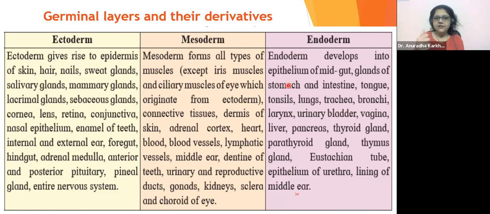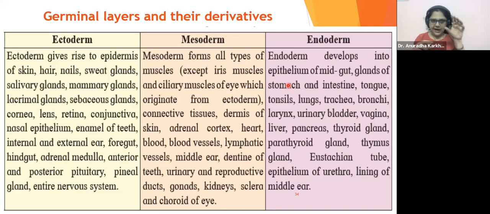Tongue, it's not hollow, but it's muscular. Okay, endoderm. Tonsils, hollow. Lungs, hollow. Trachea, hollow. Bronchi, hollow. Larynx, hollow. Urinary bladder, hollow sac. Vagina, hollow. We have seen it's going to be an opening, so it's hollow.